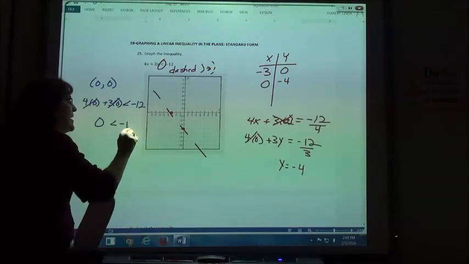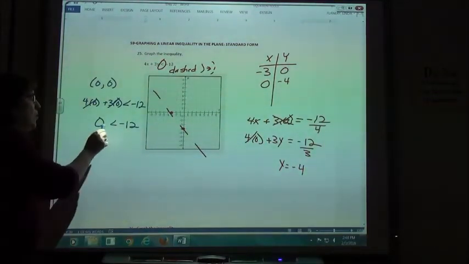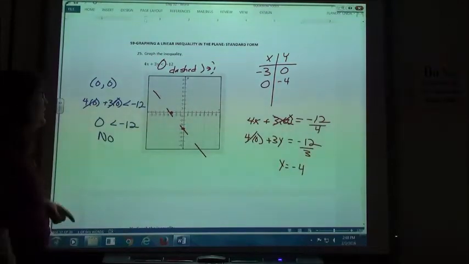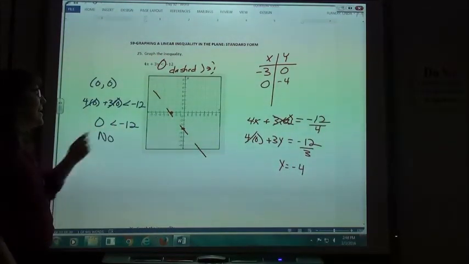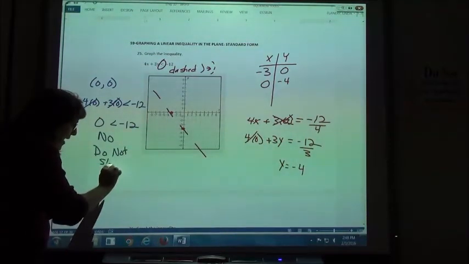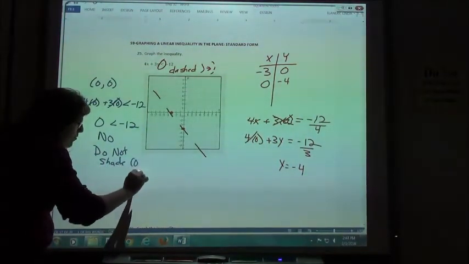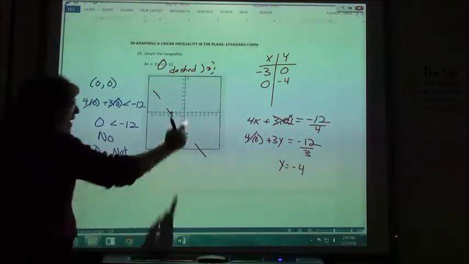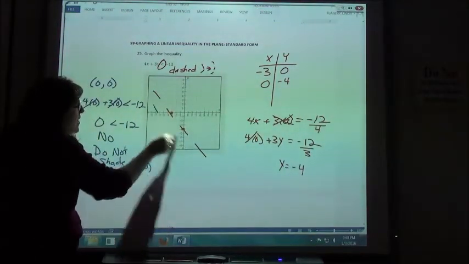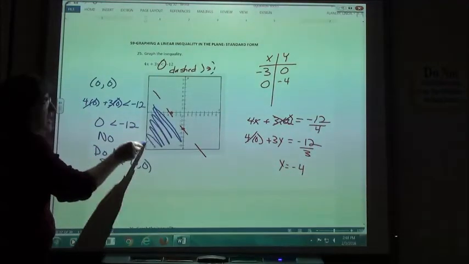Is 0 less than a negative 12? Is 0 less than a negative number? No, definitely not. So since 0 is not less than negative 12, you do not shade the 0, 0. So I don't want to shade where the 0, 0 is. I have to shade the other side of my equation, so I end up shading down here.